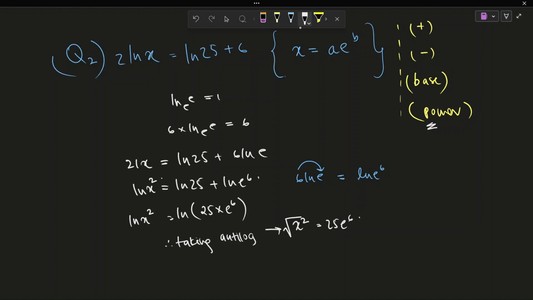Now, to get rid of the square, we're going to root both sides, and that's going to give us x equals 5 times e to the power 3. And that's how you write x in this notation. And that's the question. Simple as that.